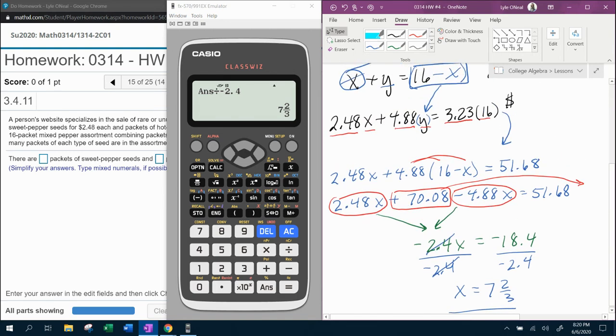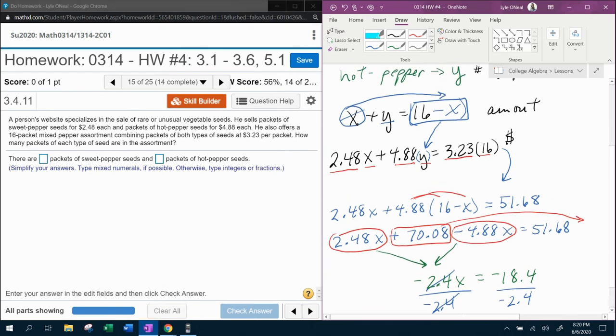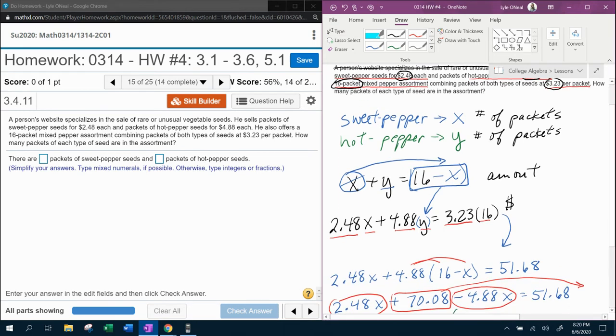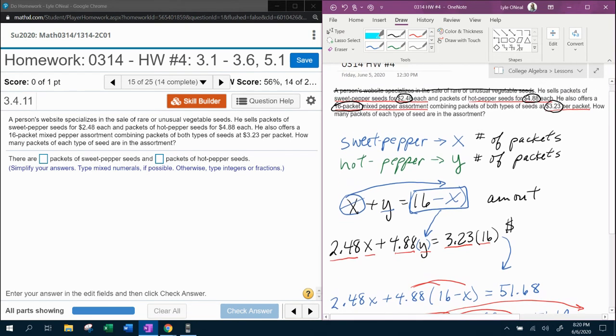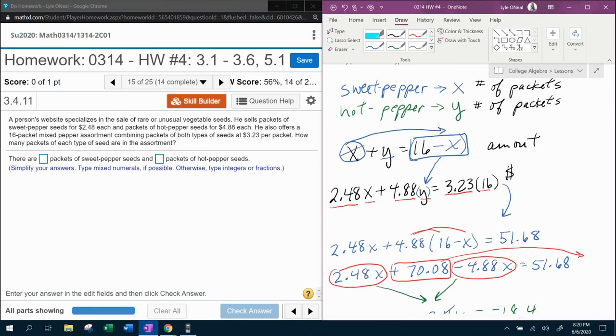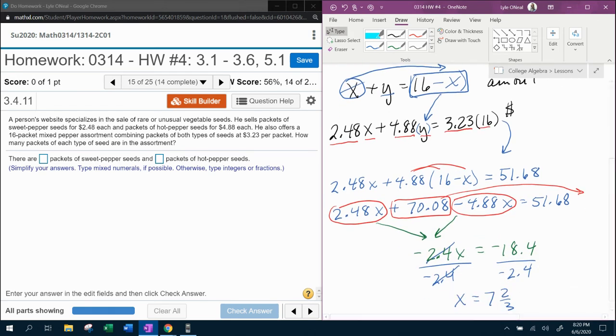So let's see. I made a mistake somewhere. Where in all of this mess do you think my mistake is? X plus y is 16, 2.48, 4.88, 3.23. 3.23 times 16. Okay, so that's correct.